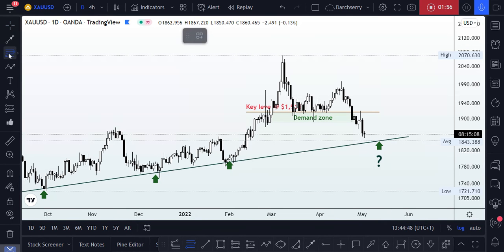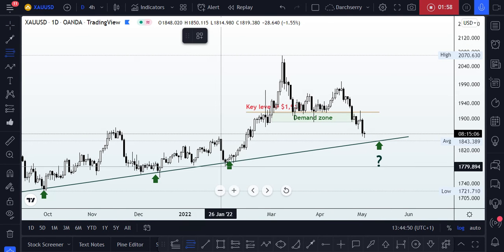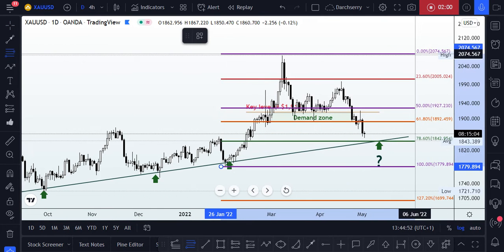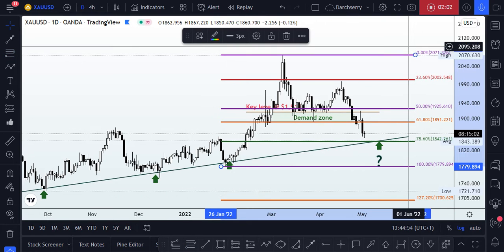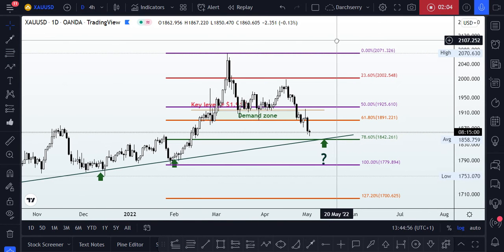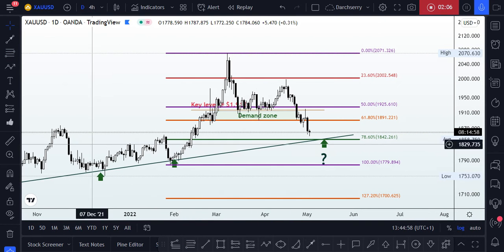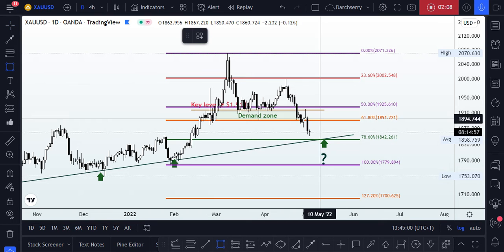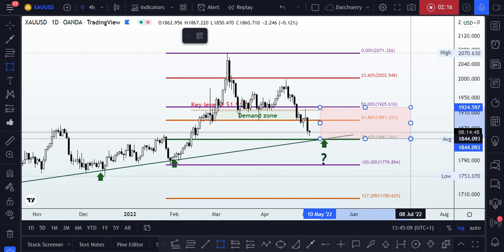If we pull out our retracement tool and run it through the last impulse leg, we could see that our 50 to 78.6% retracement of the impulse leg falls within this area, from 50 to 78.6.